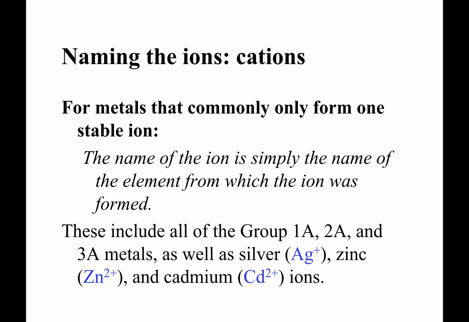And then here, kind of embedded, we have zinc, cadmium, and silver. They're all clustered together. Like the slide says, silver is a +1, zinc and cadmium are a +2. And the fact that they're always that means they fall into this category where if they are the metal, then you simply give the name.